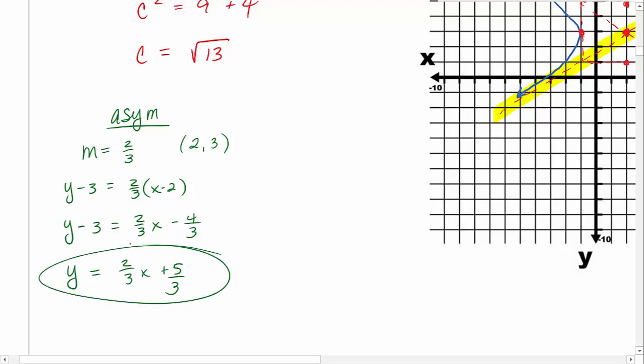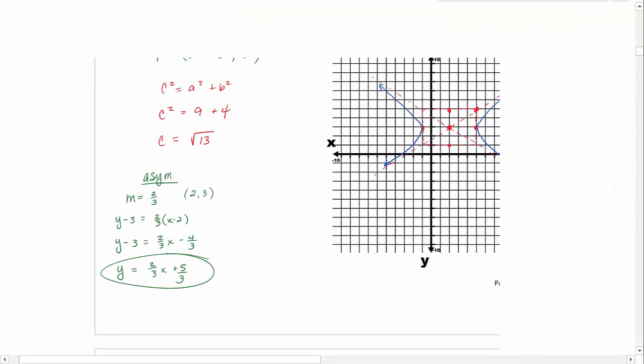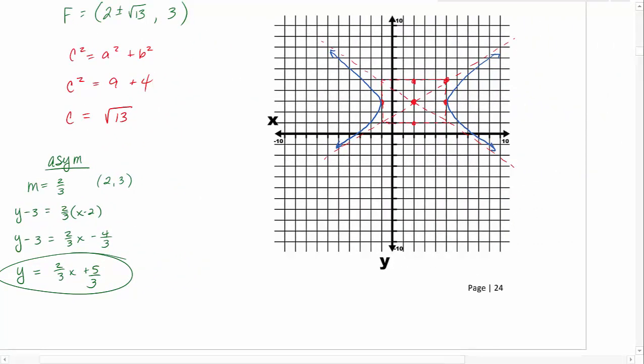Now it's time to find the equation of our second asymptote, the one going down. Remember that the slope of your second asymptote is always just the opposite of your first one. We can count to double check. Notice we're going down 2 and to the right 3. So here we have a slope of -2/3. And again, I'm going to use the center to write the equation of this line.